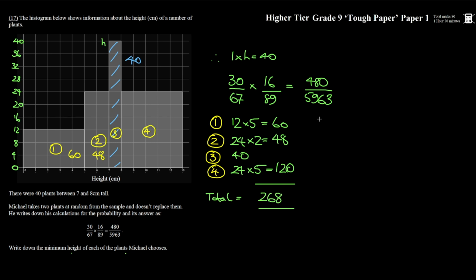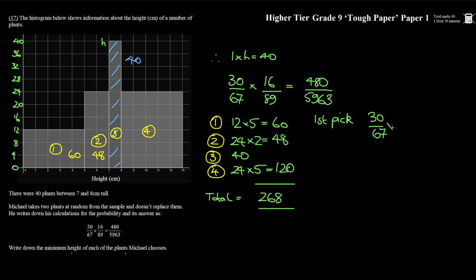So his first pick, he got a probability of 30 over 67. How does 67 relate to 268? Well, actually, if you multiply 67 by 4, you get 268.